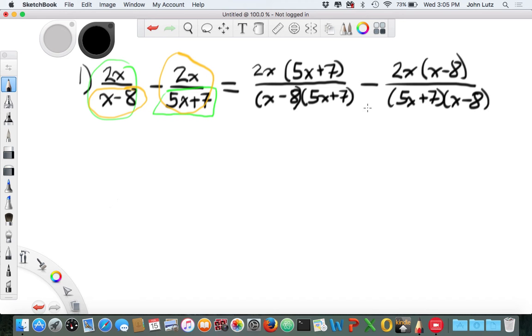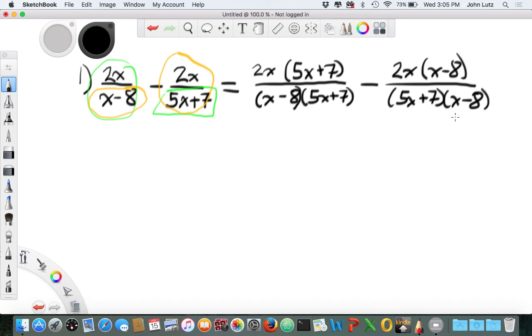Okay? Because by the commutative property, this and this are going to end up being the same. When you have multiplication, it doesn't matter what order you multiply by. It really matters what order you subtract by. It also matters what order you divide by.